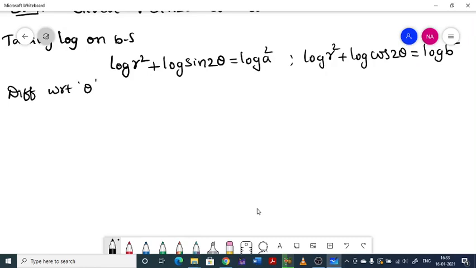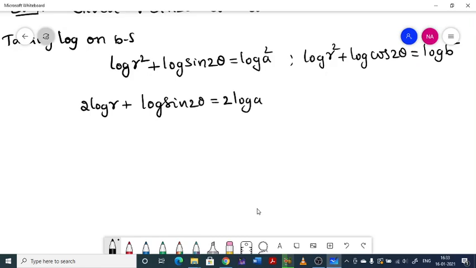Log r square may lead to confusion, so write one more term from this. 2 log r plus log sin 2 theta equal to 2 log a. Similarly, 2 log r plus log cos 2 theta equal to 2 log b.